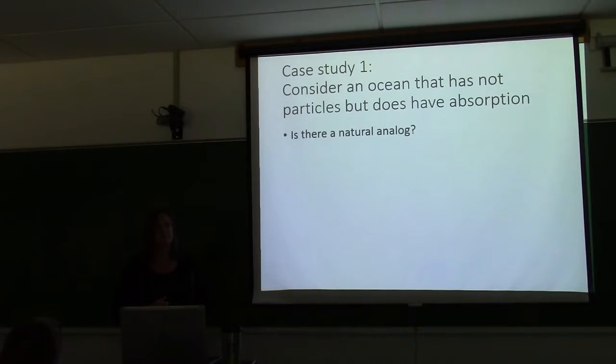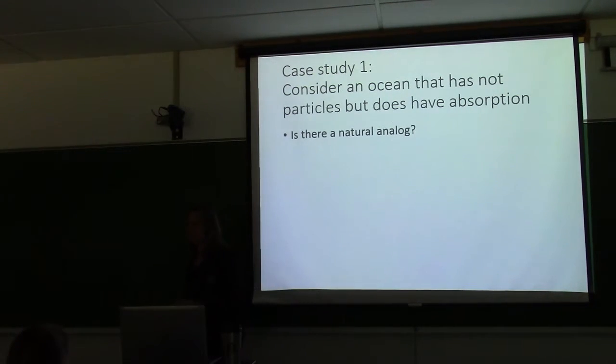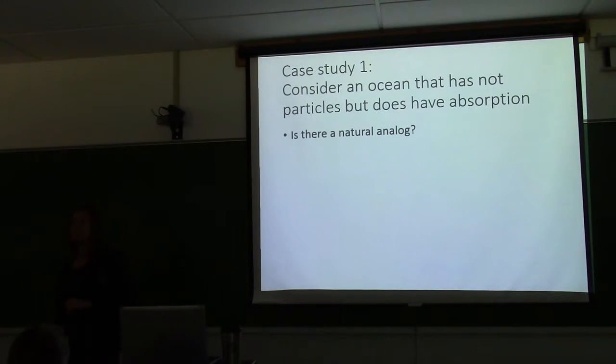Okay? So, do we have a natural analog that we could point to? What kind of things would you look for in a water body to replicate this high absorption, no scattering? Well, we know water absorbs, right? Water absorbs red light very strongly.